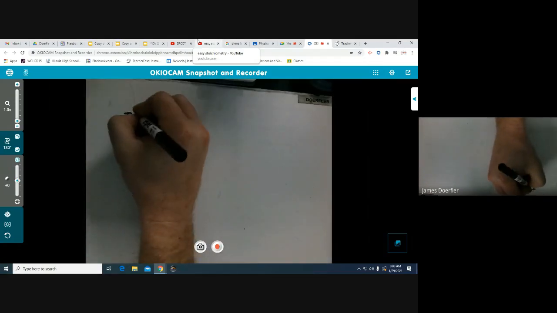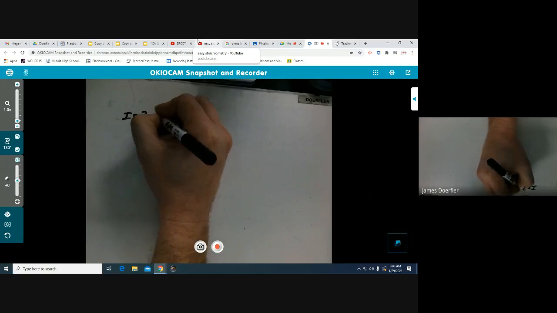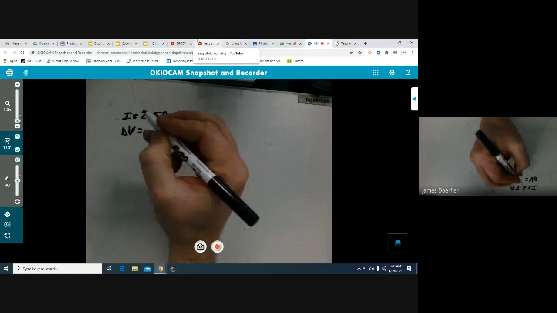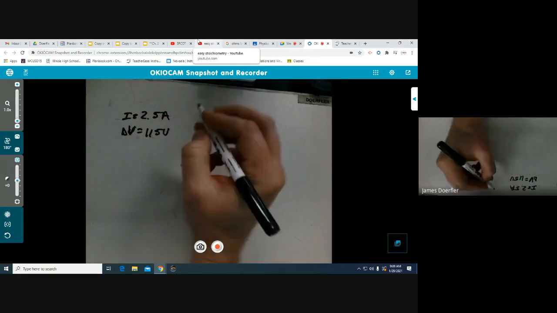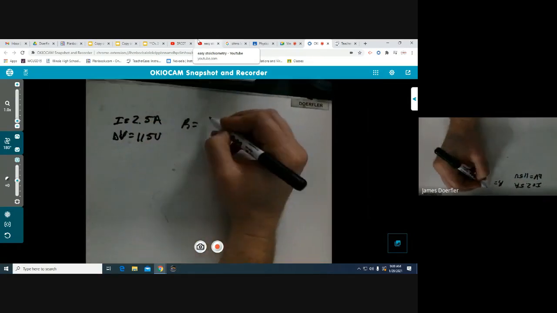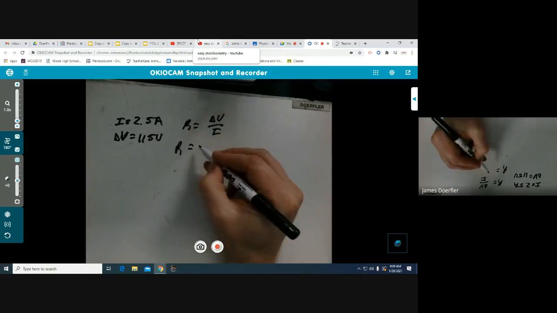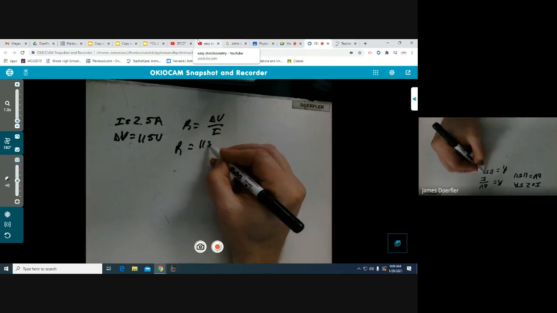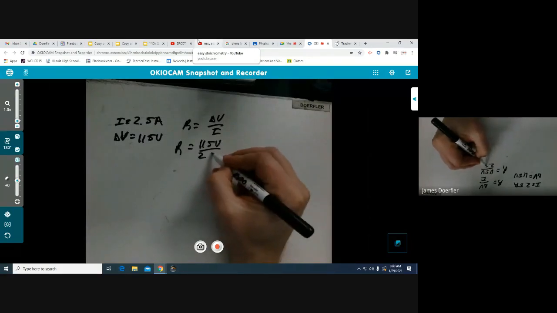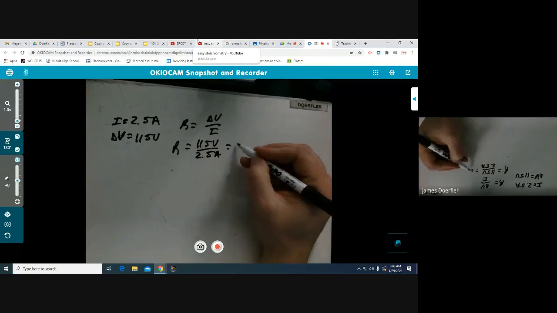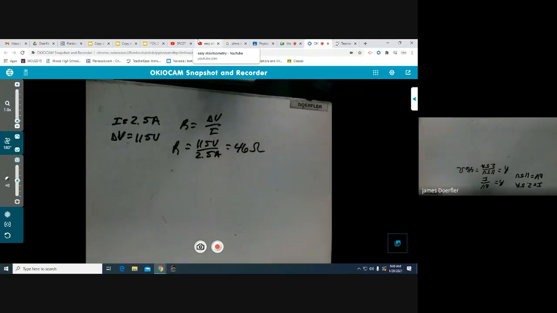So again, current 2.5 amps, potential difference of 115 volts. No changes to this equation this time. So we get R is equal to 115 volts over 2.5 amps. We should get 46 ohm.